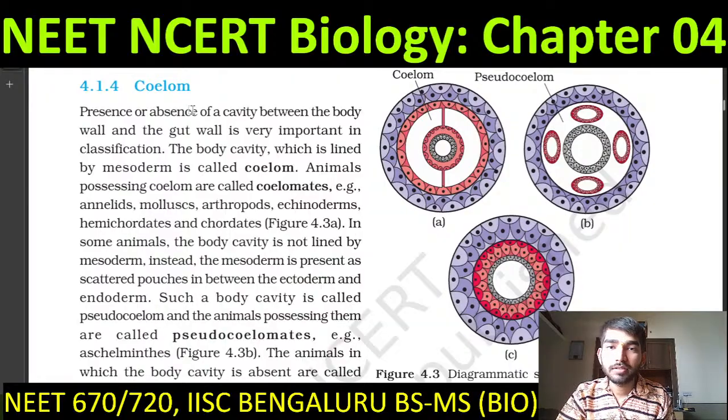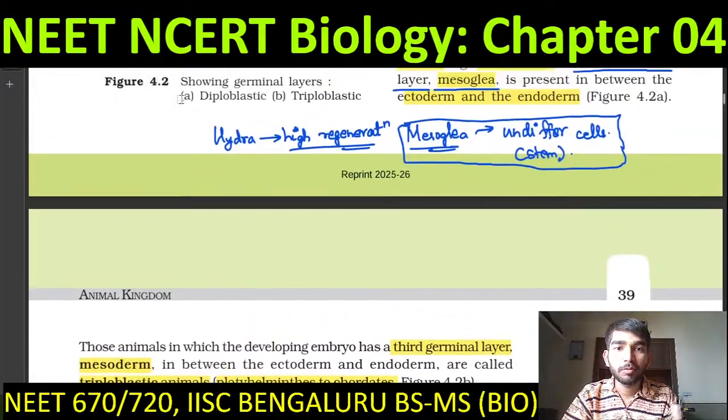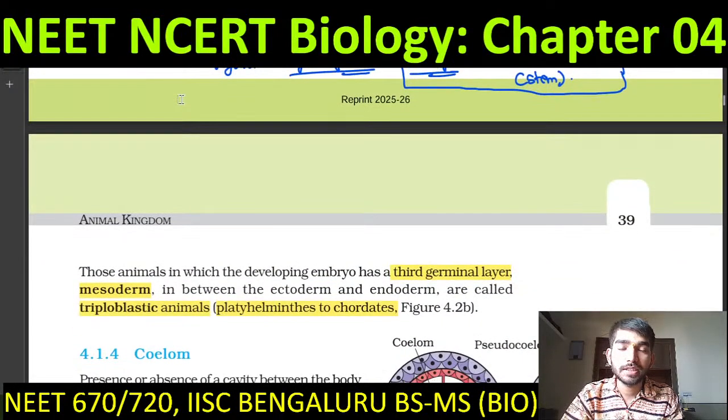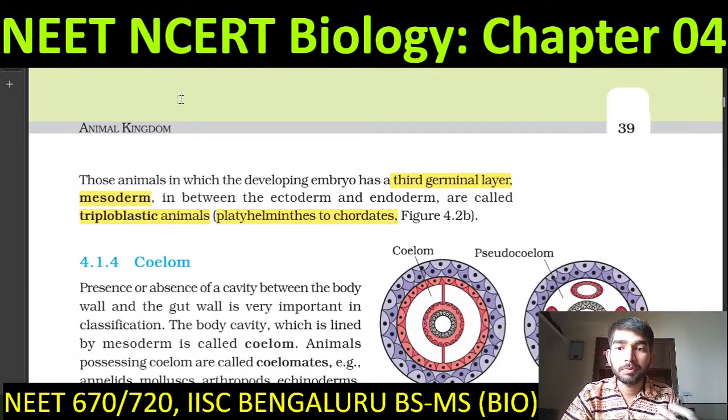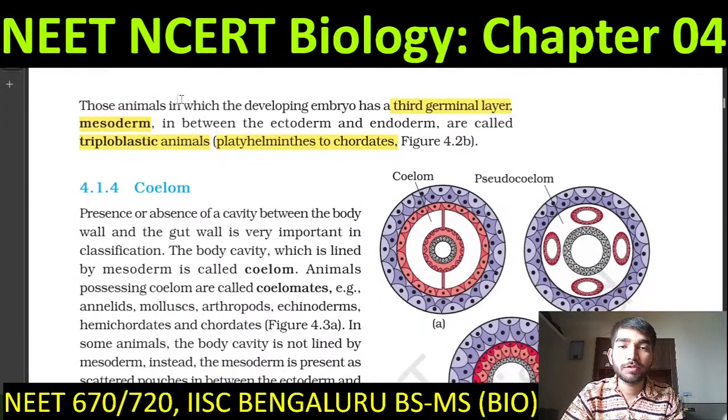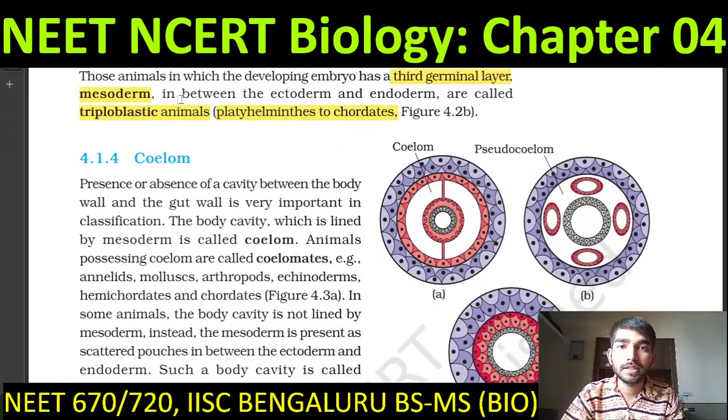Next is a very important concept again. All these are the basis of classification in the animal kingdom that you should remember, like symmetry, kind of body organization, coelom, and diploblastic or triploblastic layers. All this will be summarized later on, but you should remember the basis of classification, what is followed for classifying the different animals in the animal kingdom.